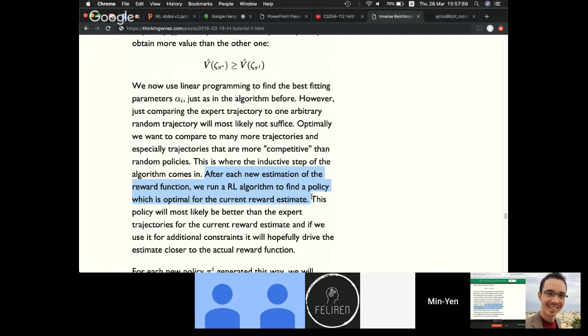That is going to generate the trajectory. Given that our current reward function is like that, we generate an optimal policy for it, and then we compare the trajectories created with this optimal policy against the sampled actual trajectories that were demonstrated.